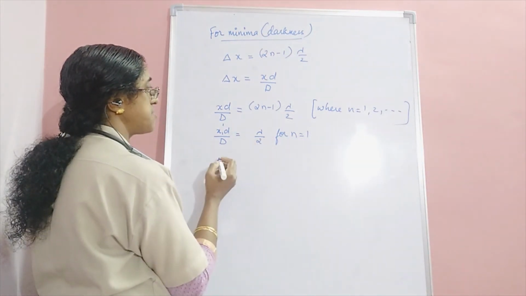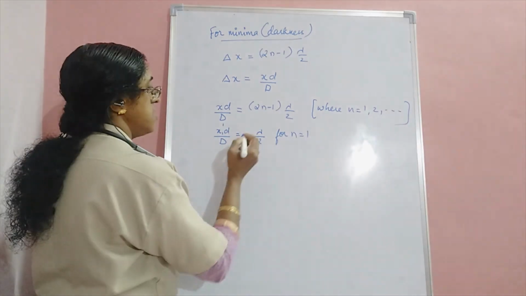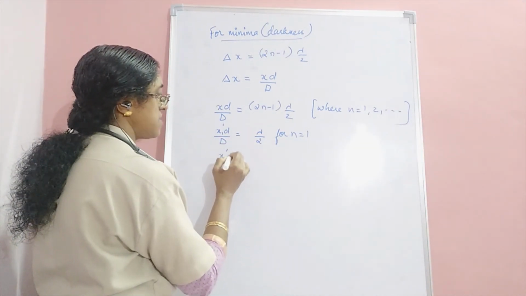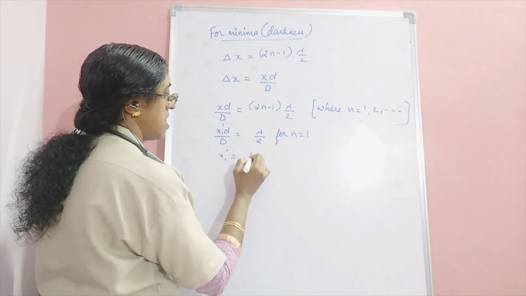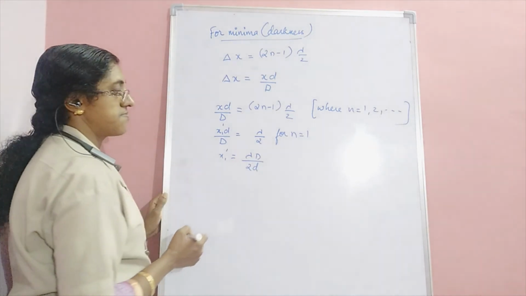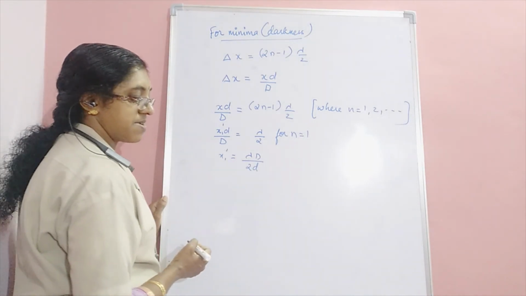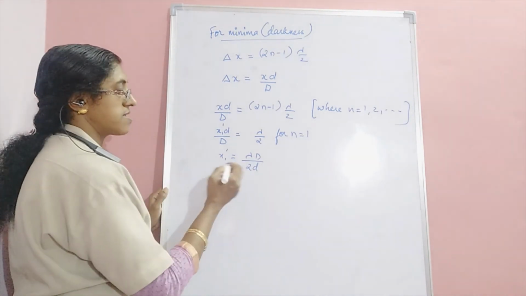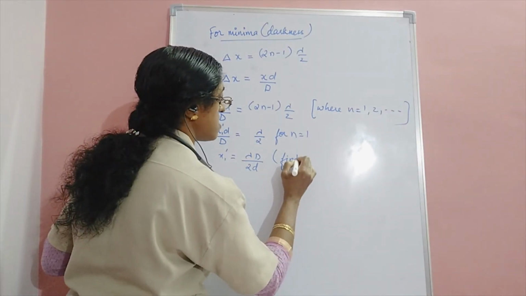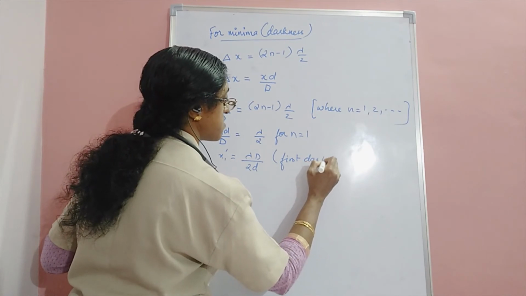As I substitute the value again, what do I get? x1 dash is equal to lambda capital D upon 2d. Yes, lambda capital D upon 2d. This is the condition for the first dark fringe.